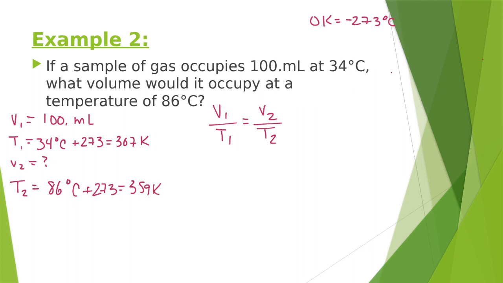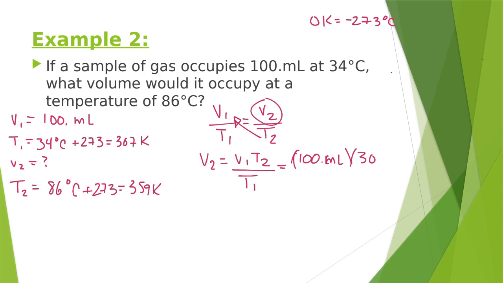So we're solving for V2 here, which means I'm going to take T2 up and over and get rid of it. So V2 is going to be V1 times T2 divided by T1. So let's sub in. We have 100 mL times T2.